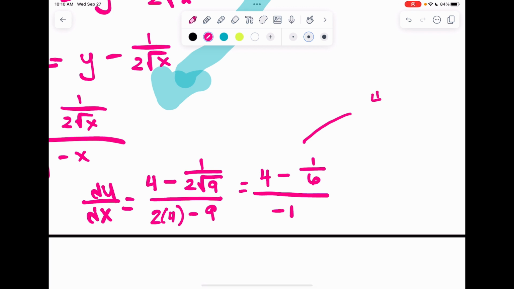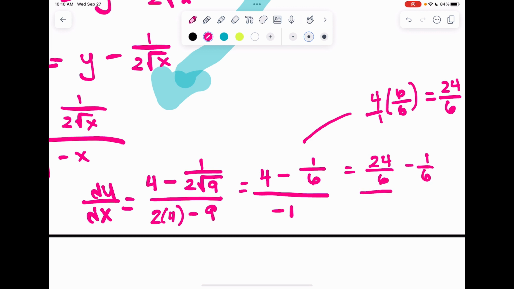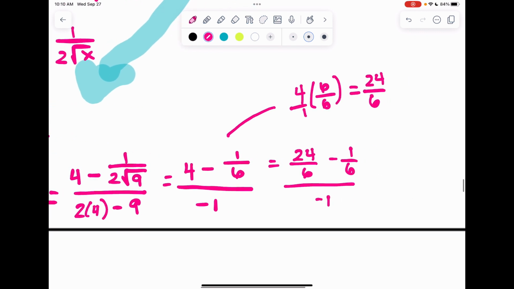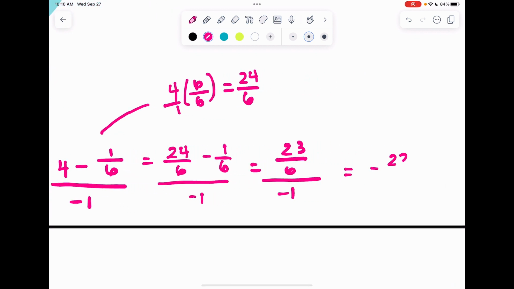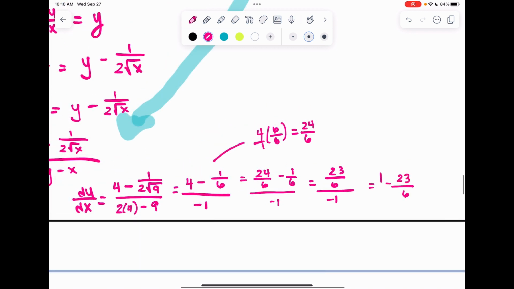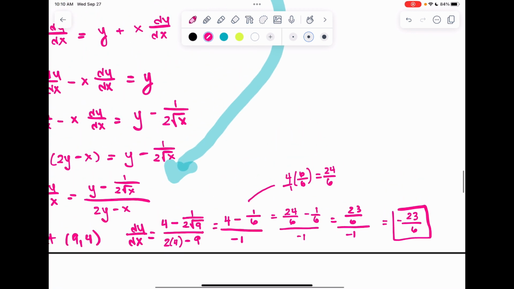If I have 4 and I need a denominator of 6, this is going to give me 24 over 6. So this is 24 over 6 minus 1 over 6 over negative 1. 23 over 6 over negative 1, or we could just put that negative in front. You could have done that a couple steps ago as well. And I get my answer to be negative 23 over 6.